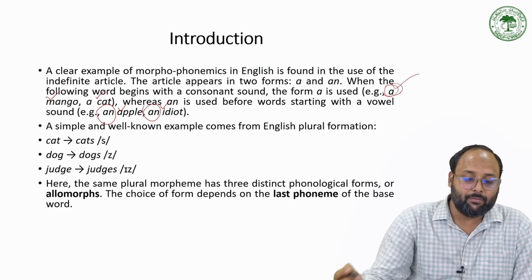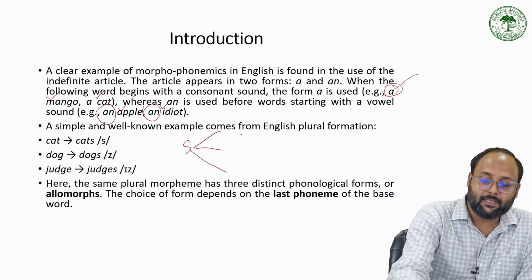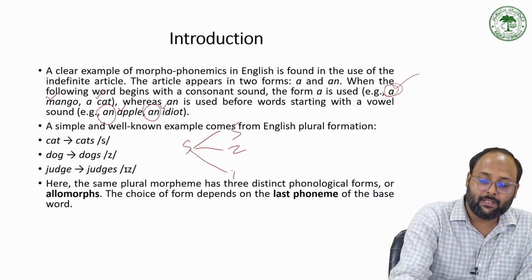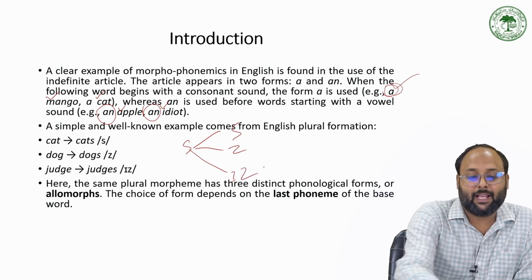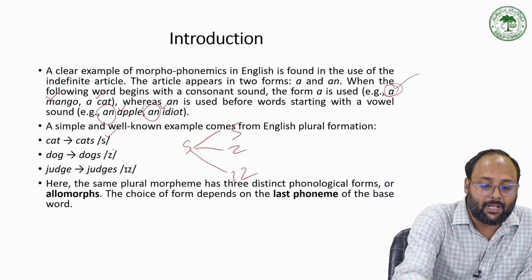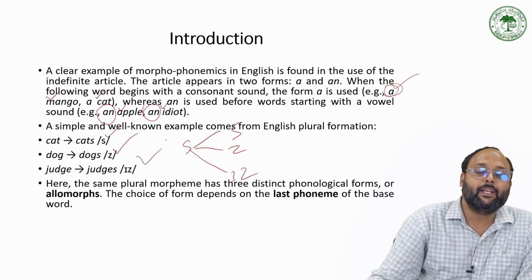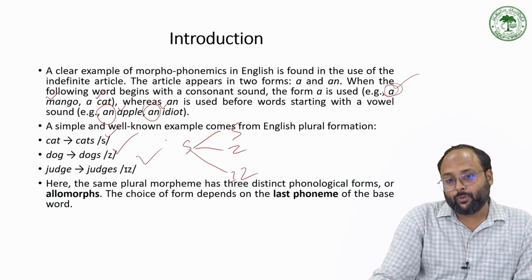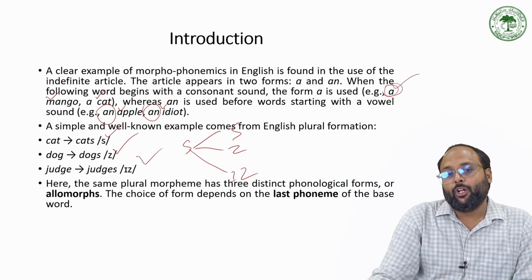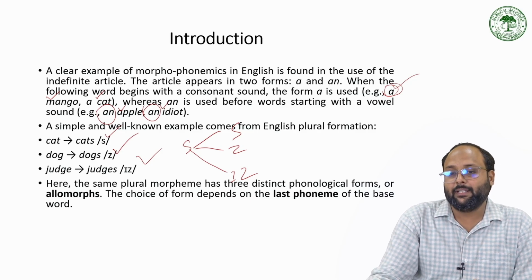And another example is the plural s. It has three occurrences: s, z, and iz. In the word cats, s occurs as s. In dogs, s occurs as z. In judges, s occurs as iz. That is another morphophonemic condition. Why is this occurrence happening?